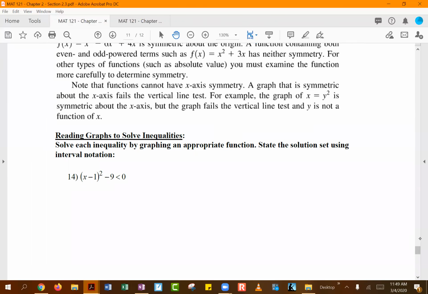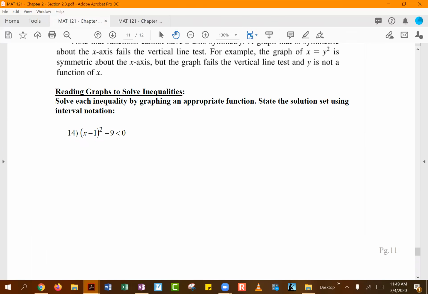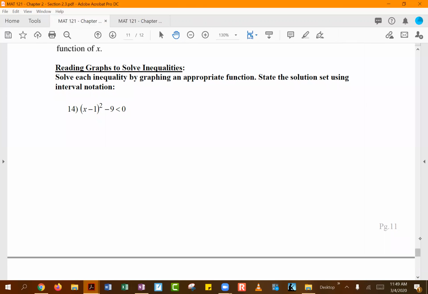Okay. Our last part here is talking about using graphs to help us come up with the solutions for the inequality. They're saying solve each inequality by graphing the appropriate function and then state the result, or your solution set, in interval notation.